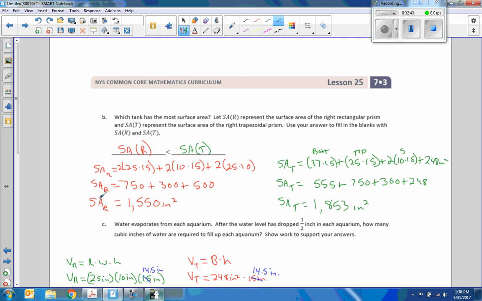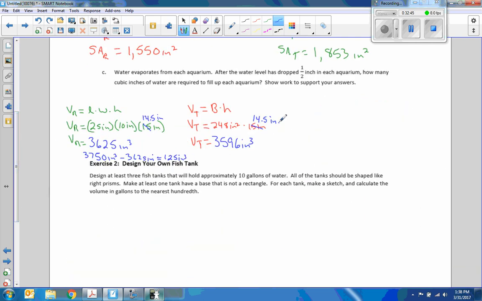So I'm going to now take 3,720 inches cubed and subtract 3,596 inches cubed from it. And we're going to get 124 cubic inches. So one's going to be 125, one's going to be 124.